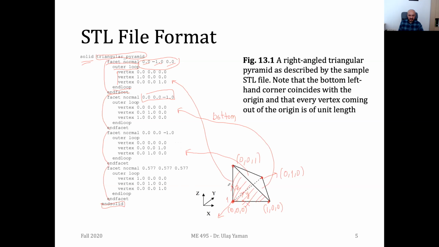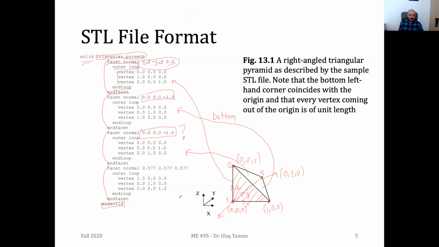So this is the first one, second one, and the third one is here. So what about the normals? Do we have a problem here? Any comments, guys? Is it fine? If it's fine, then I am continuing.